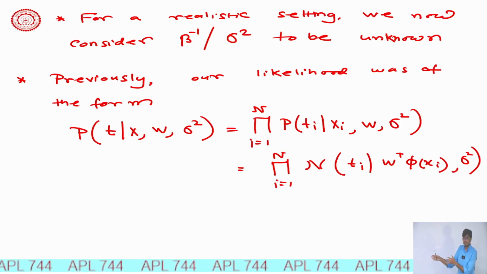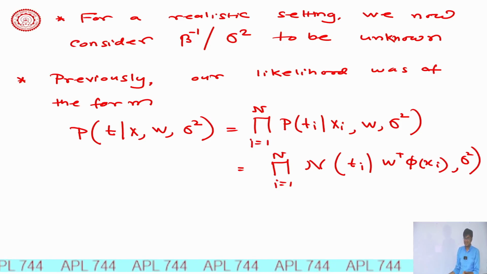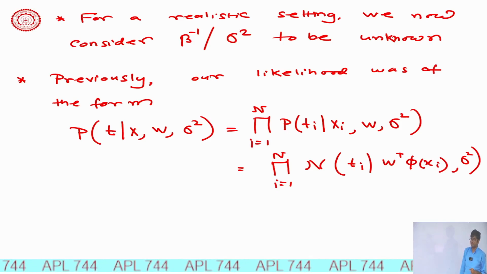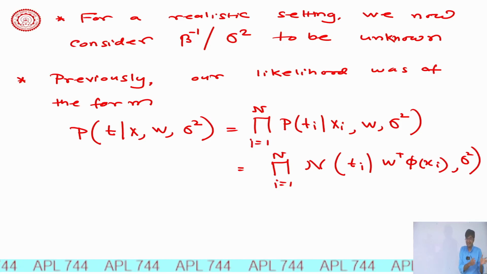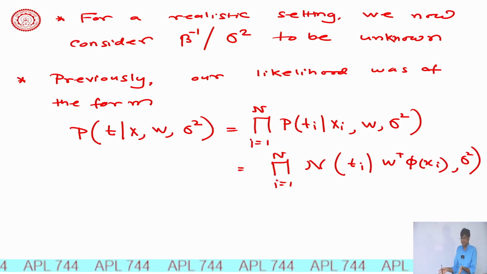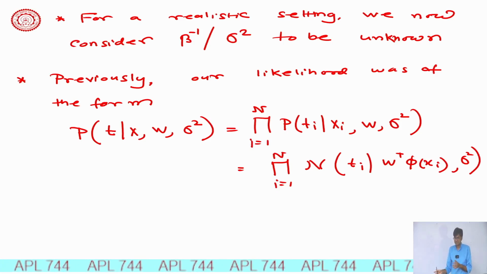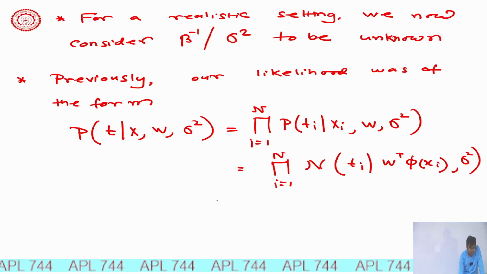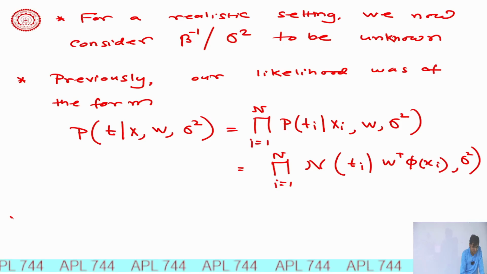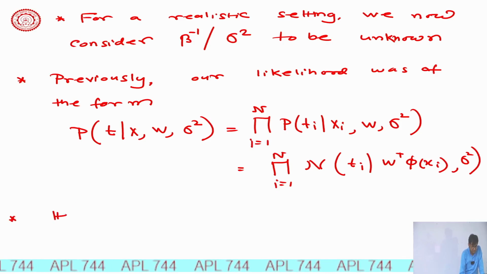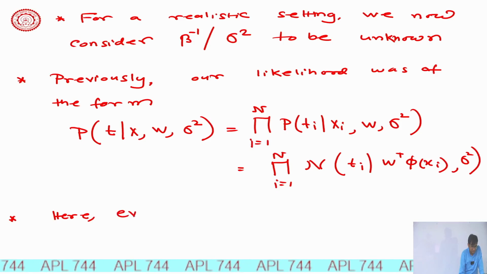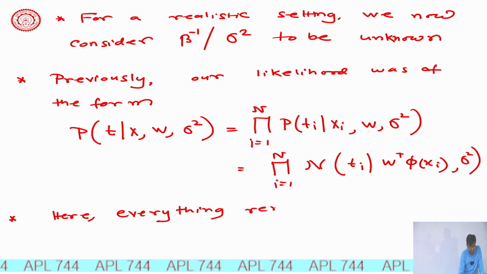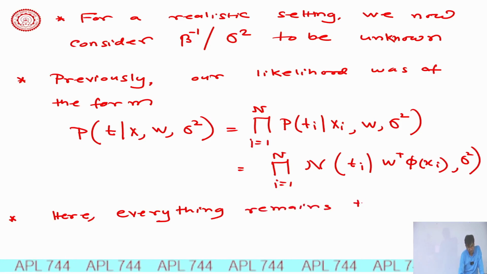The expression t given x comma w comma sigma square has not changed, so if everything else is as it is, why should it change? So, everything remains the same.